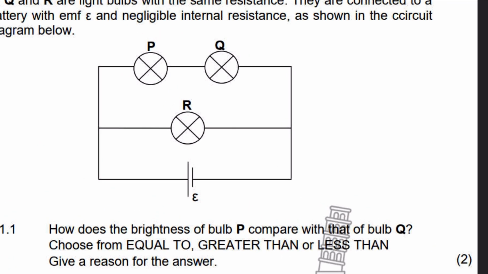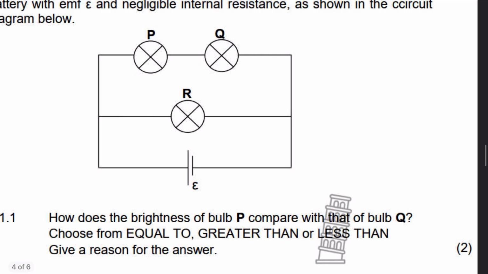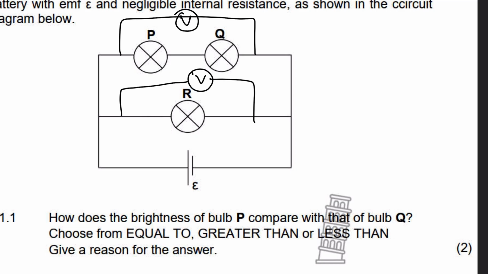Now, remember, if you look at this connection, the way that this thing is connected, this is a parallel connection, right? It's a parallel combination, meaning that the voltage is going to be the same. So this voltage is going to equal this voltage, and it's going to equal the EMF of the battery, right?